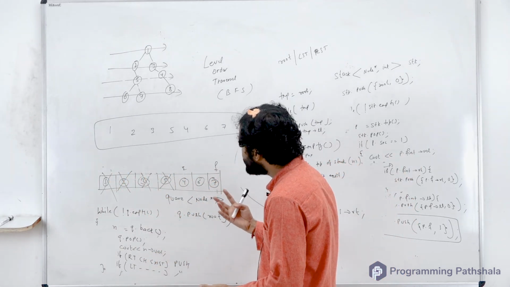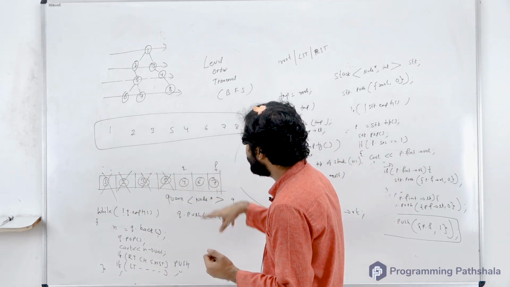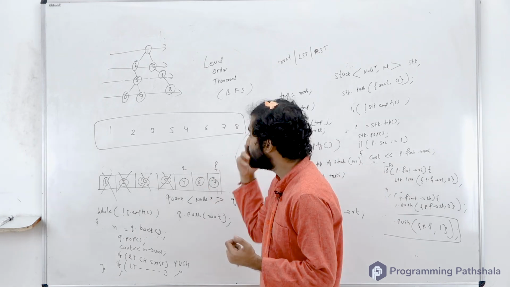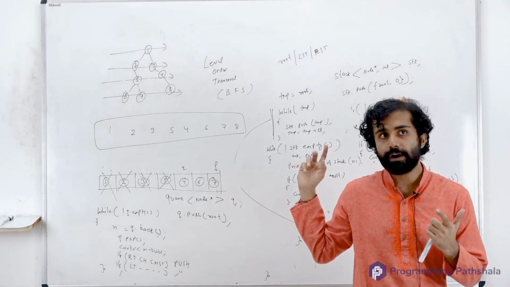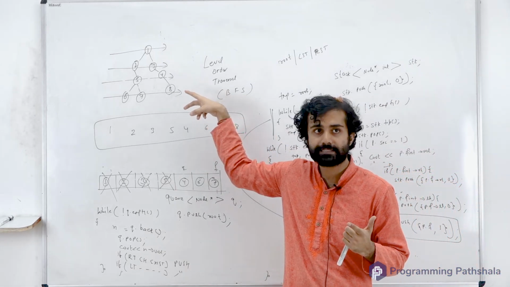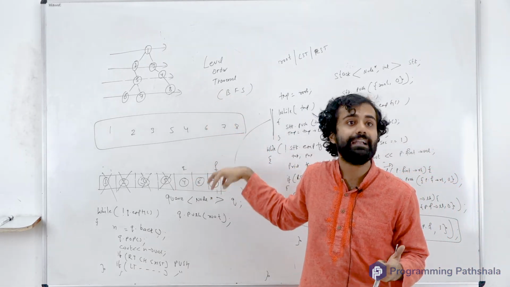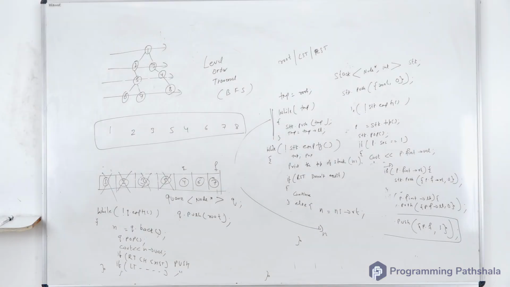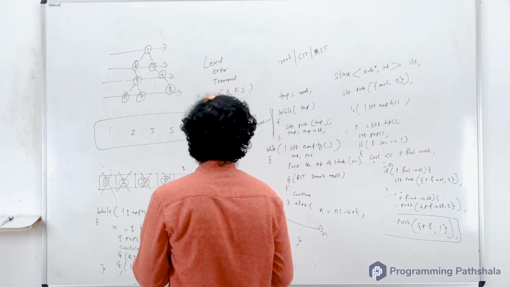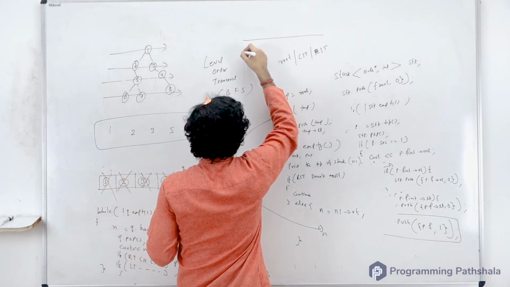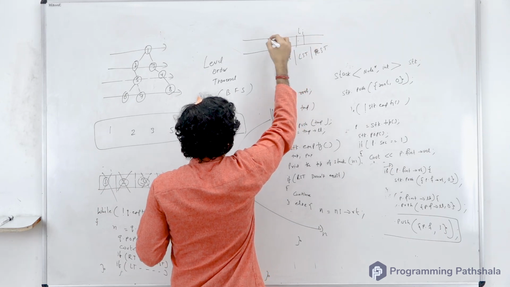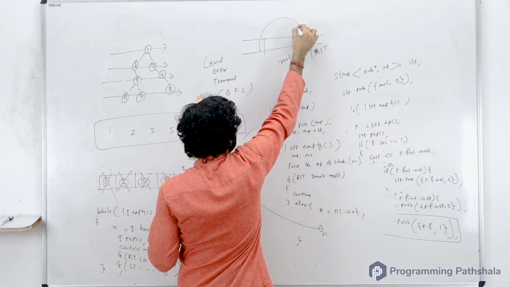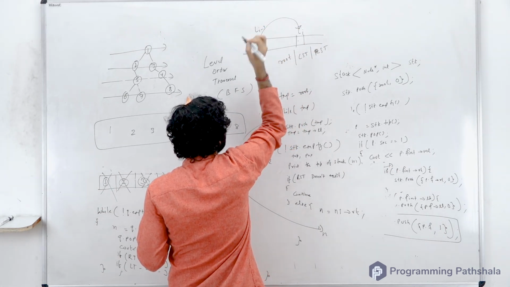So what is the maximum number of levels whose nodes can simultaneously exist in the queue? I repeat, what is the maximum number of levels whose nodes can simultaneously exist in the queue? It should be 2, right? Because whenever you are pushing something in a queue, whatever you are pushing belongs to level i, and whatever made this push possible was of level i minus 1.